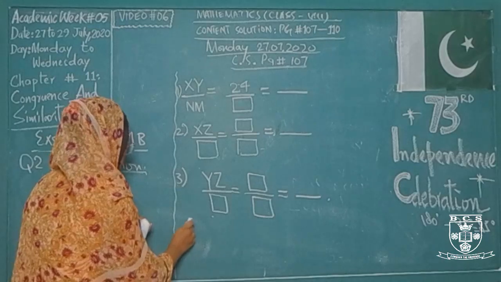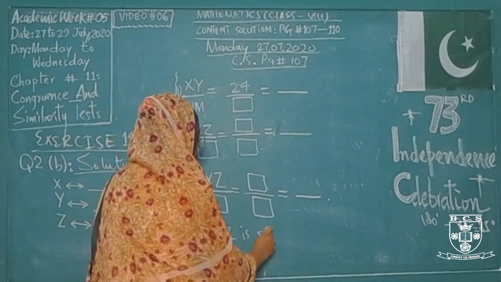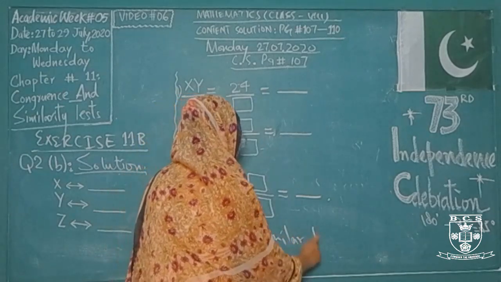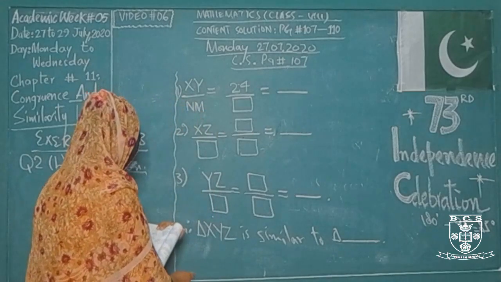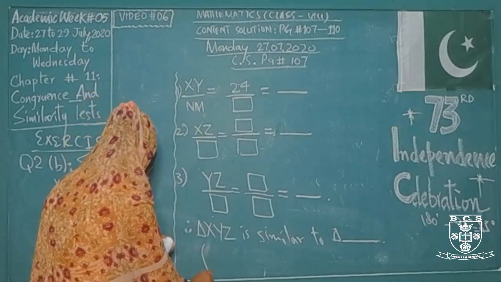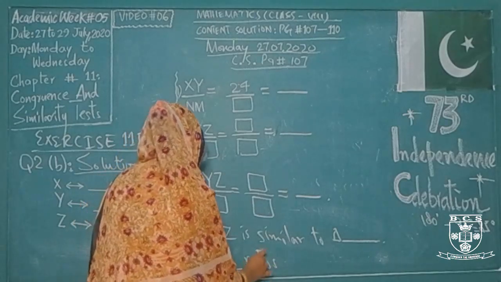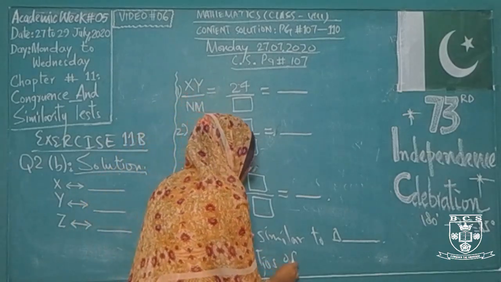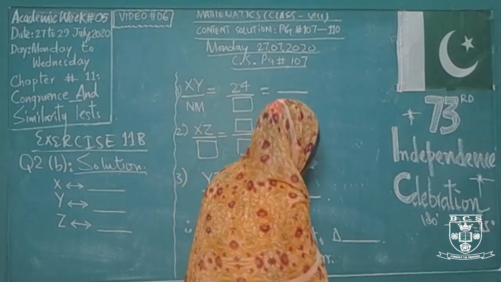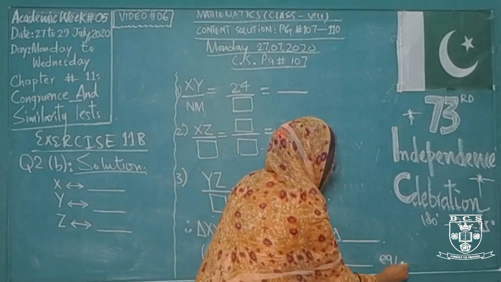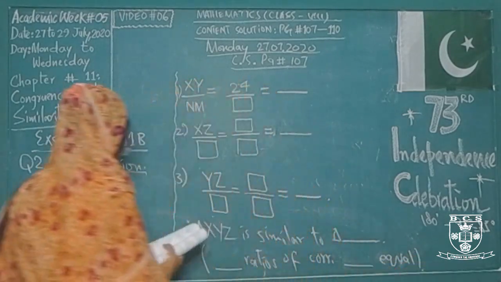So therefore triangle XYZ is similar to triangle dash and dash, ratios of corresponding sides. Sides are also not given, equal. So this is all about our question.